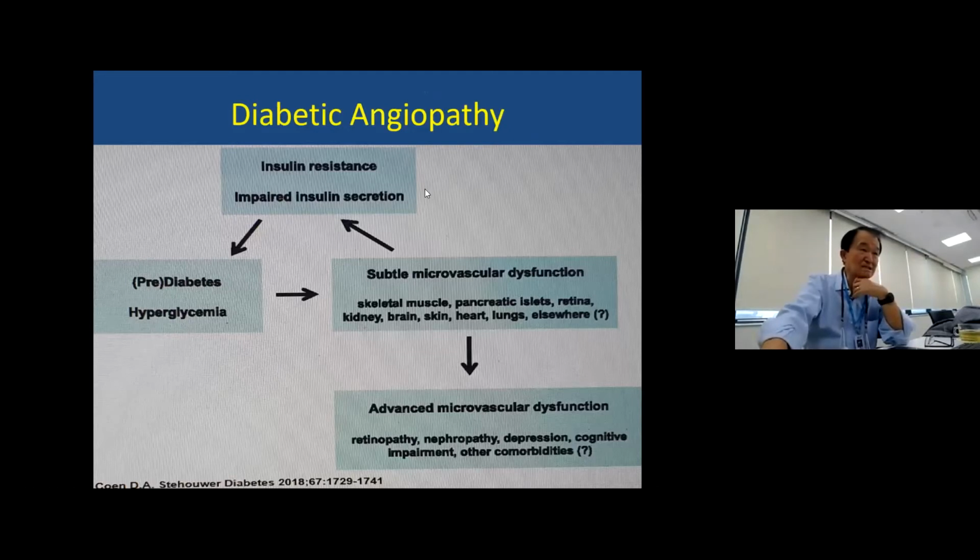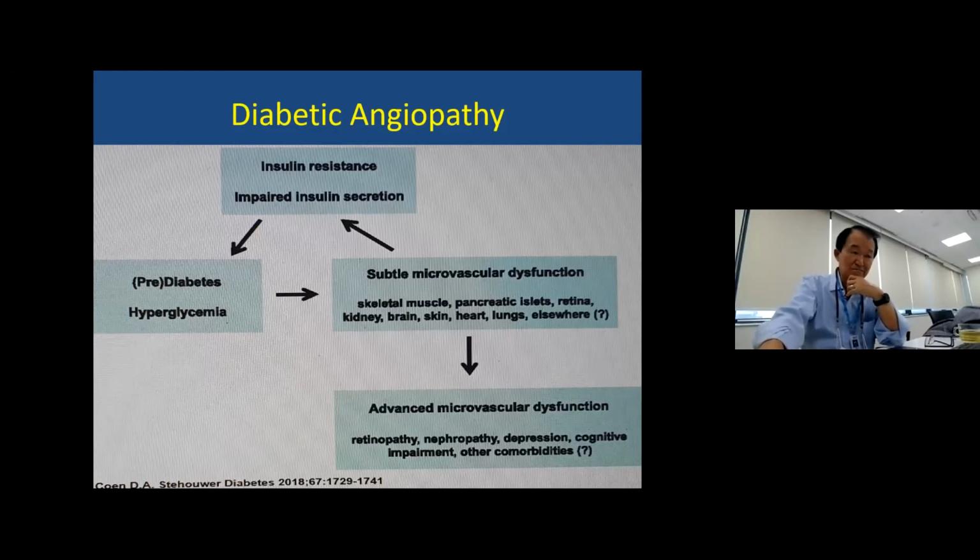And diabetic angiopathy is also a continuous problem. It's a microangiopathy. Insulin resistance and impaired insulin secretion cause diabetes, and that will show microvascular dysfunction.